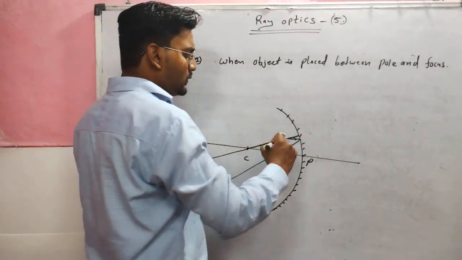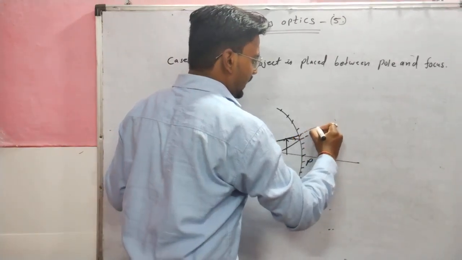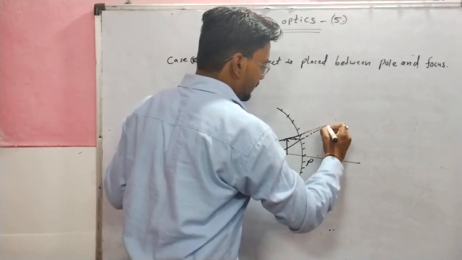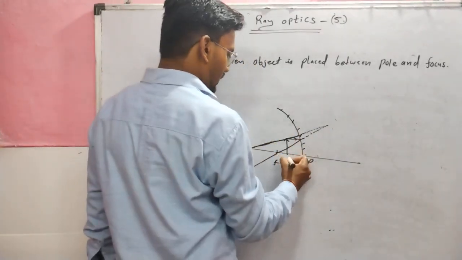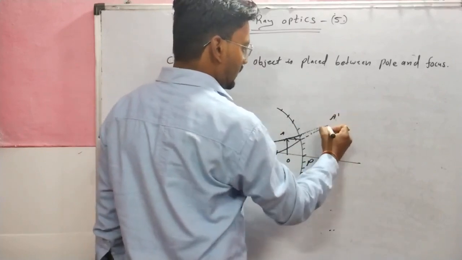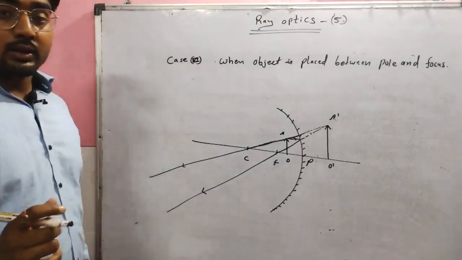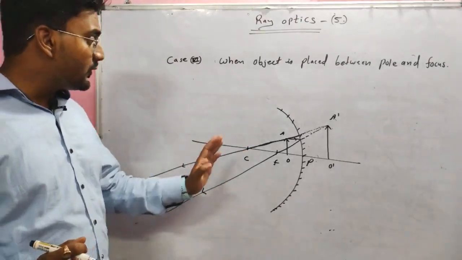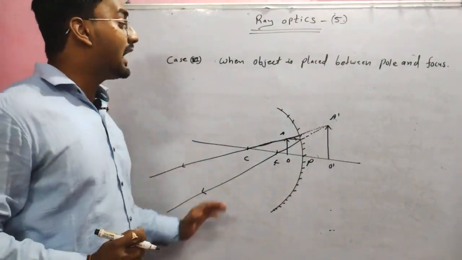So we produce backward. These light rays we produce backward, and these backward light rays meet at some point, and this point is our image point. So this is our A dash and O dash. So this is the only one case of concave mirror where we get the virtual image behind the mirror.